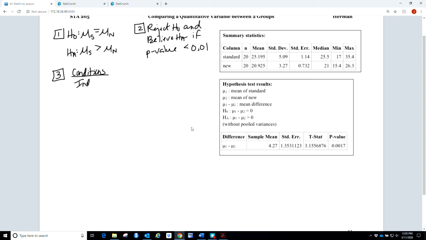So we discussed why they were independent samples, but let's actually write it out. There is no known reason, remember, because we assume independent until we know otherwise, to match the patients across the treatments.